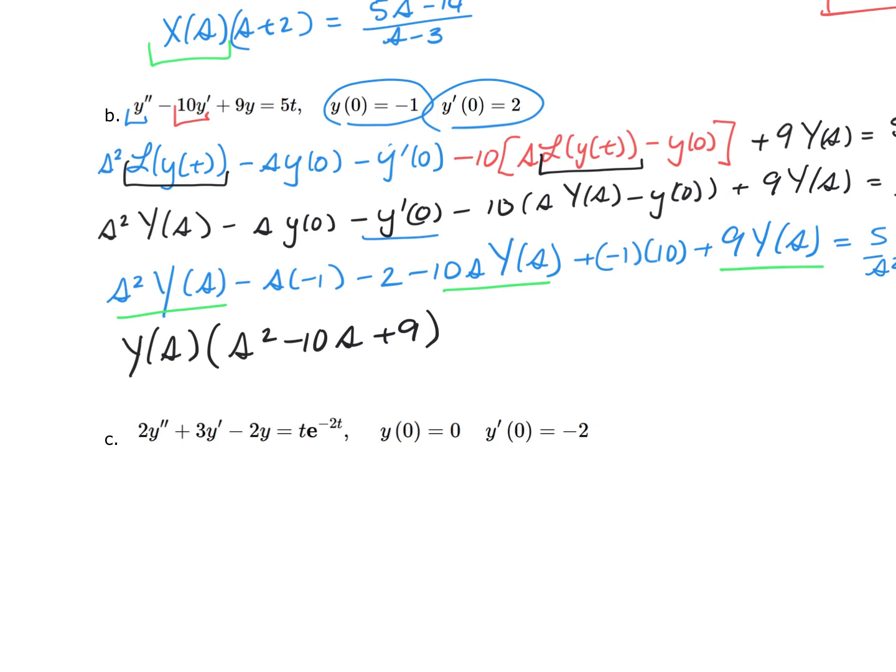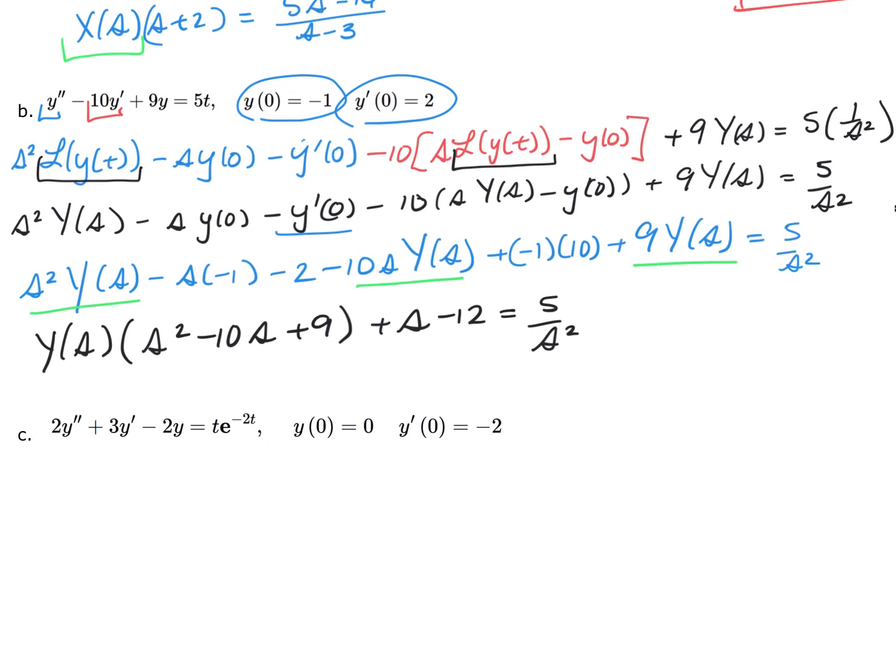What's left over then is, well, this is positive s. So plus s. I have negative 2. I have negative 10, so I have negative 12, is equal to 5 over s squared.